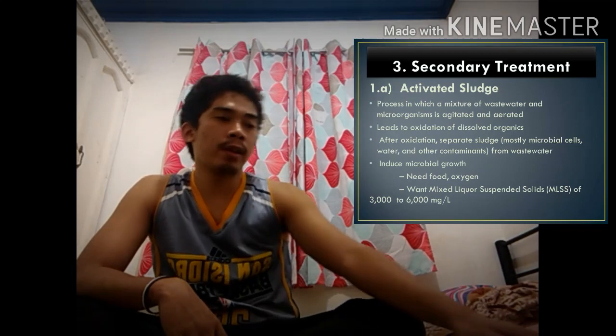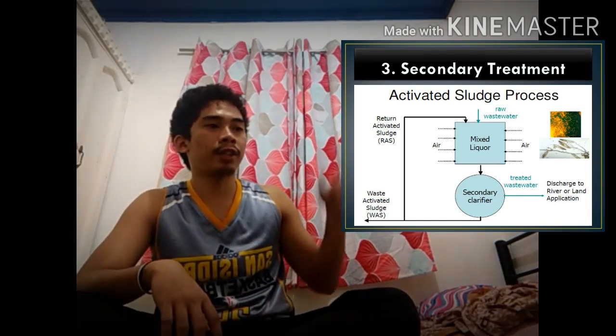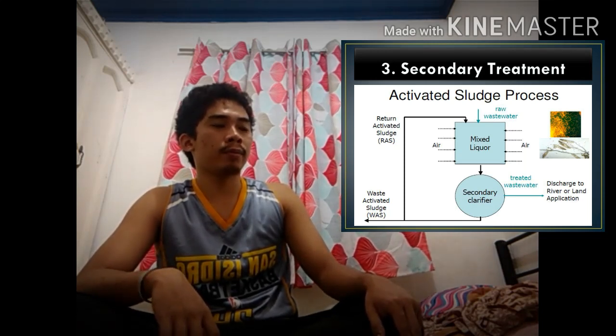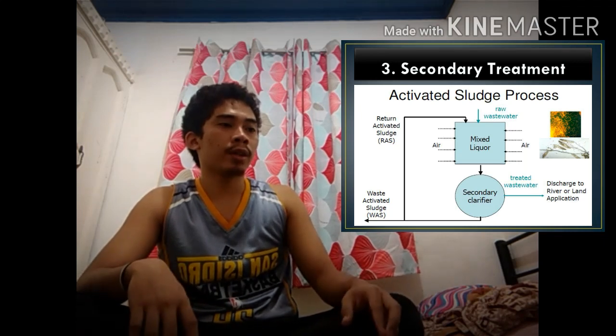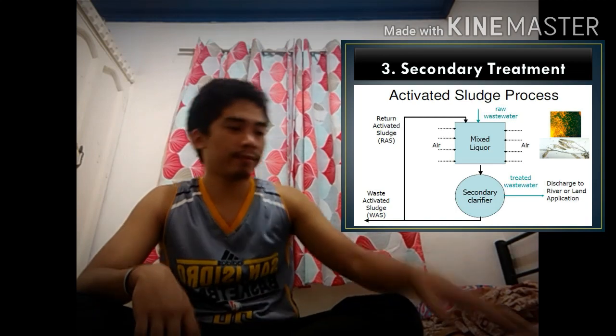Induced microbial growth needs food and oxygen, and we want a mixed liquor suspended solids, or MLSS, of 3,000 to 6,000 mg per L. This is the activated sludge process, from raw wastewater to mixed liquor and aerated to secondary clarifier, and so on.